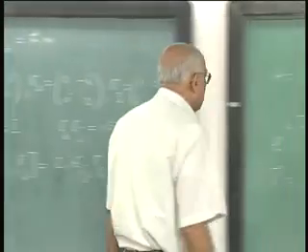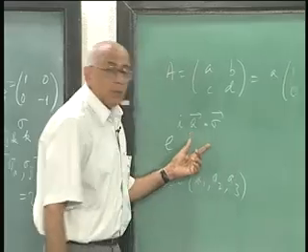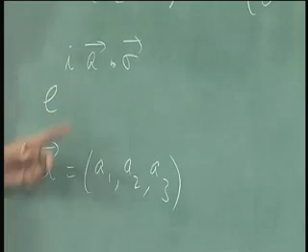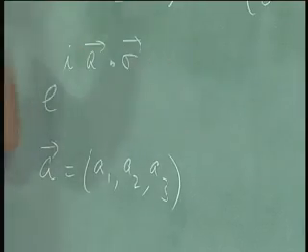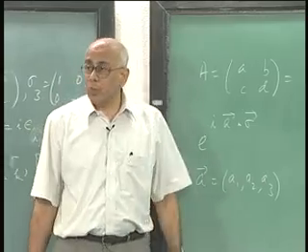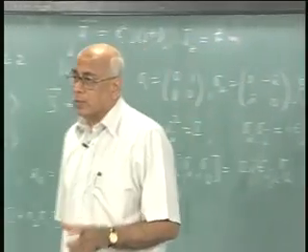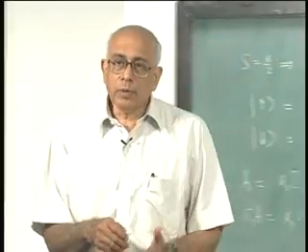This is easy to verify, because you expand this and then the first term, for example, the identity plus I times a1 sigma 1 plus a2 sigma 2 plus a3 sigma 3, and then the same thing squared. But in the squaring of a dot sigma, you will get terms of the form a1 a2 times sigma 1 sigma 2 plus sigma 2 sigma 1, and that will vanish because it anti-commutes.